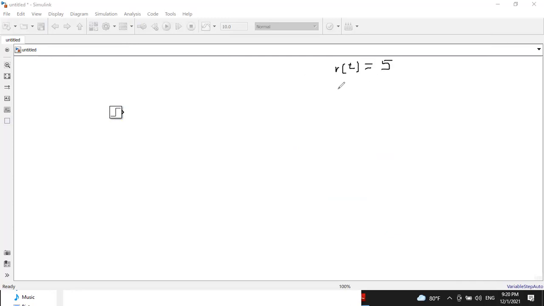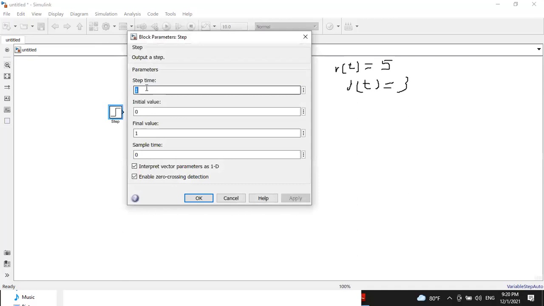So the input trigger input function, and the dt or the delay is equal to 3. Right. So use the step time here. Step time is equal to 3. Finally, we'll give it 5.